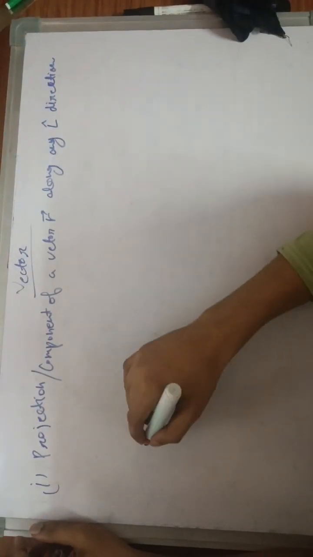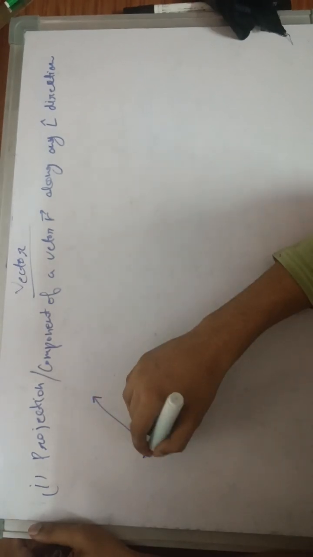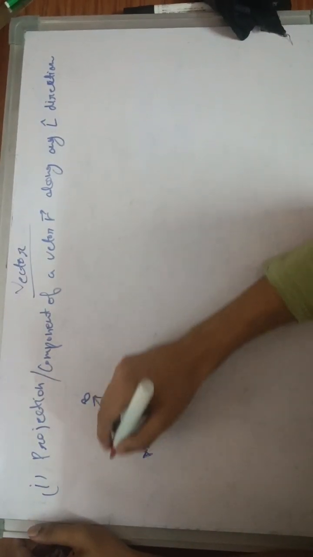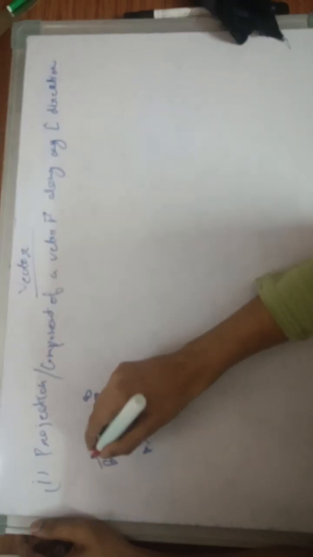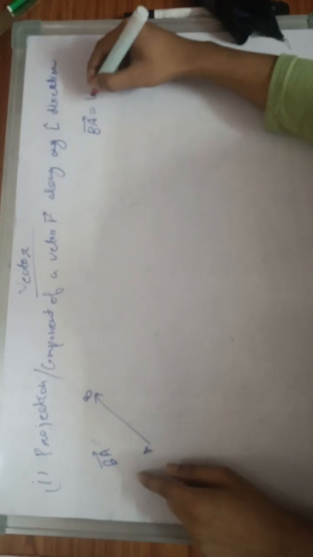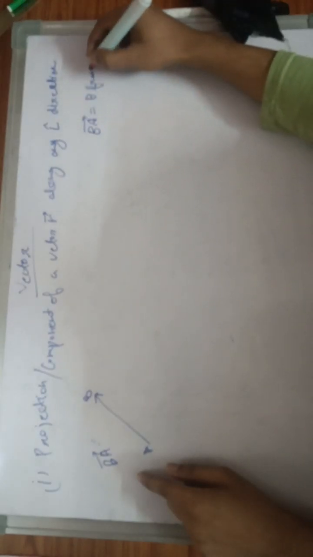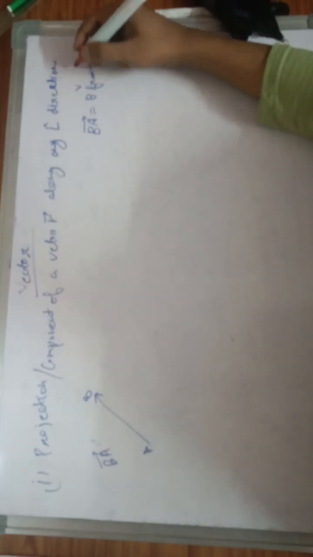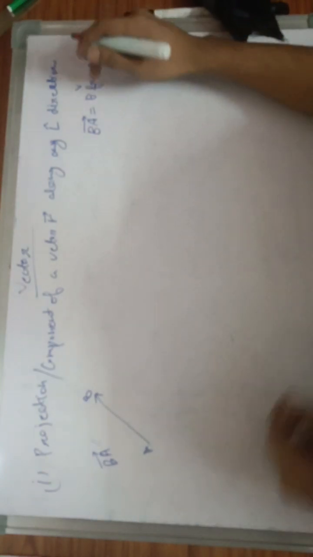So what is projection? Let's say there is a vector here from A to B. We will write this vector from A to B as BA vector. We will read BA vector as B from A, vector B from A.